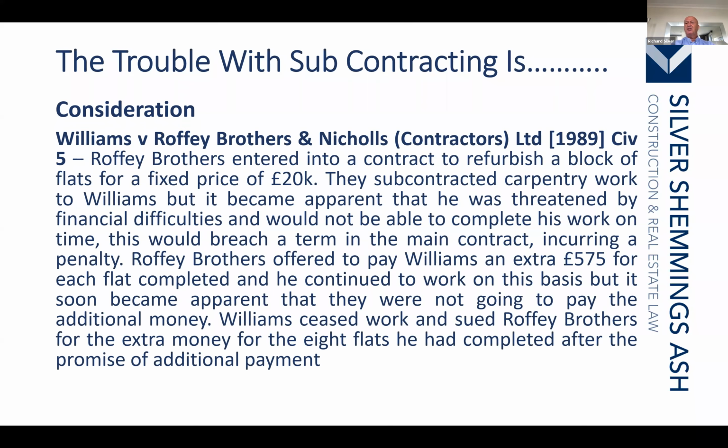Because there were concerns about them being late to complete, the main contractor effectively offered them a bonus to complete by next week, the original obligation. The subcontractor agreed, completed the works by the following week, and then the main contractor said, well, I'm not paying you now because there's no consideration.